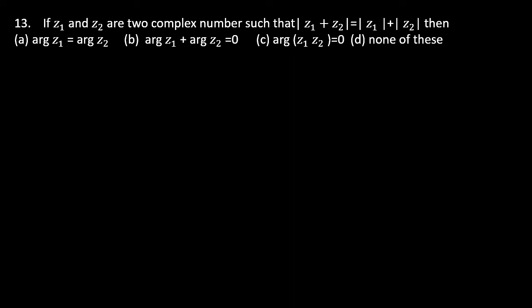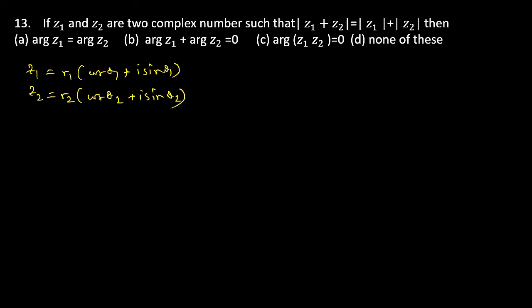We take z1 as r1 cos theta 1 plus i sin theta 1 and z2 as r2 cos theta 2 plus i sin theta 2.